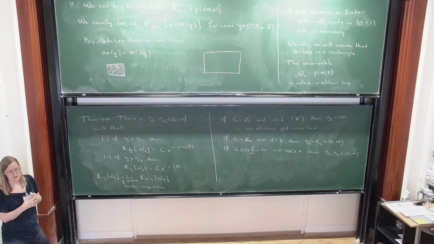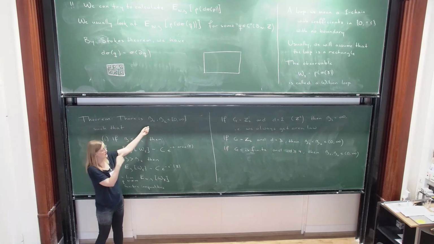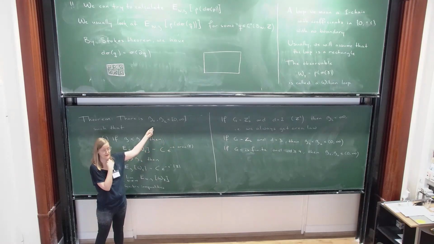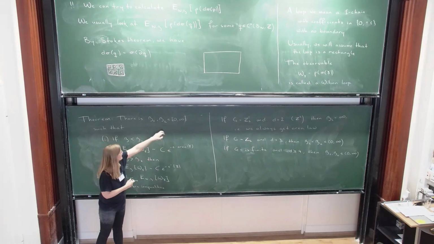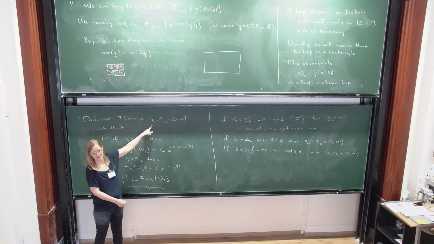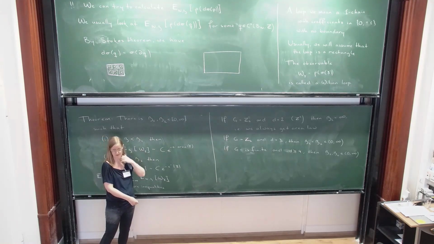So what you can usually prove, at least if you have a finite group, is that, not in 2 dimensions where you always have area law, but usually in many of these finite group settings, like for the last one there, it's not too hard to prove that if beta is extremely large, you should have perimeter law. And if beta is extremely small, then you should have area law.